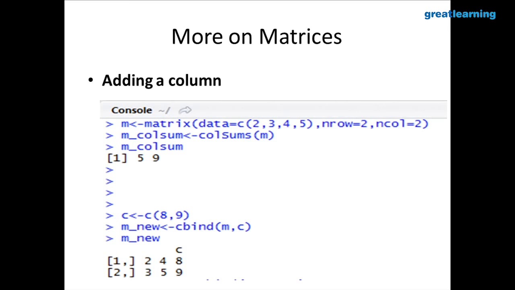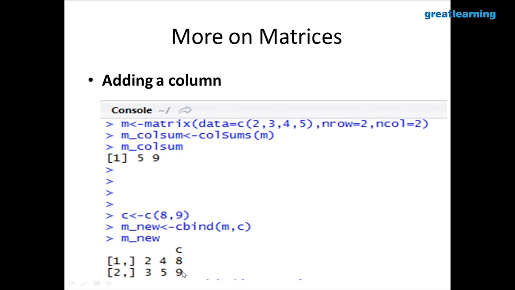The important thing to understand, as you can also see in the slides, is that whatever I want to add as a column, I have to define as a vector. Let's assume c is my vector which I want to add as a column. So c, again for combine, is a variable name, with 8 and 9.